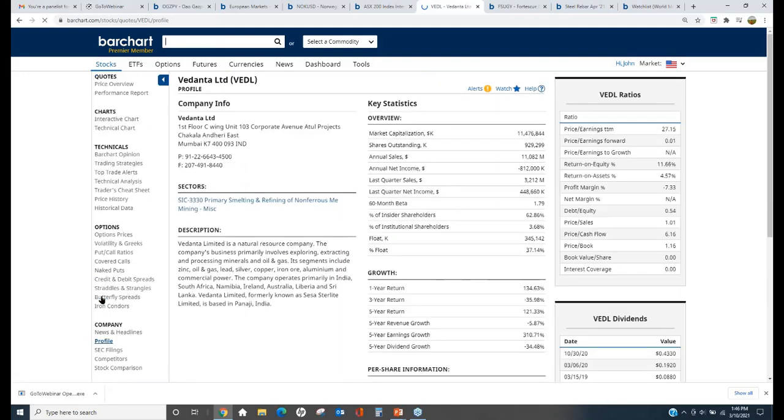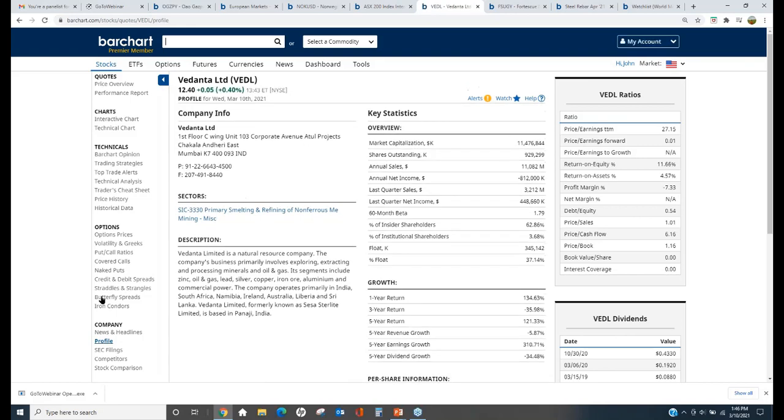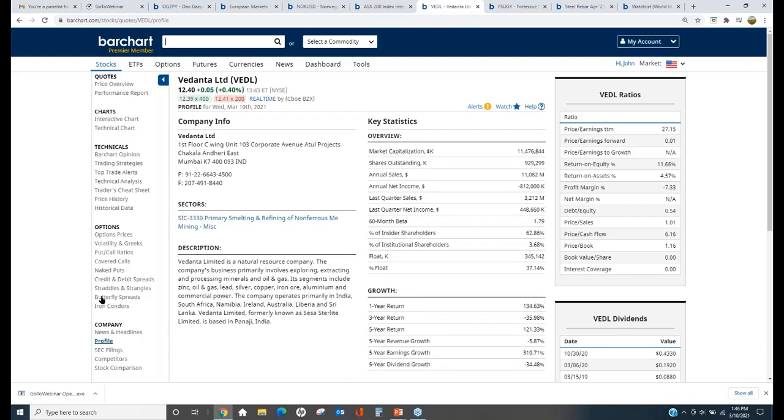I think they're not only in oil and gas, but also in copper, silver, iron ore, and aluminum. So in this particular scenario, you could use both the currency and the commodities to give you those trading opportunities.